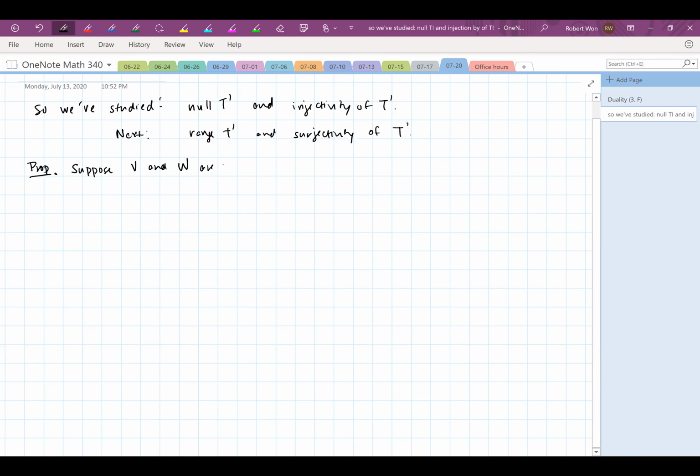So suppose V and W are finite dimensional, and T is a linear map from V to W. Then the range of T dual is the same thing as the annihilator of the null space of T. Okay, further, the dimension of the range of T dual actually matches the dimension of the range of T.